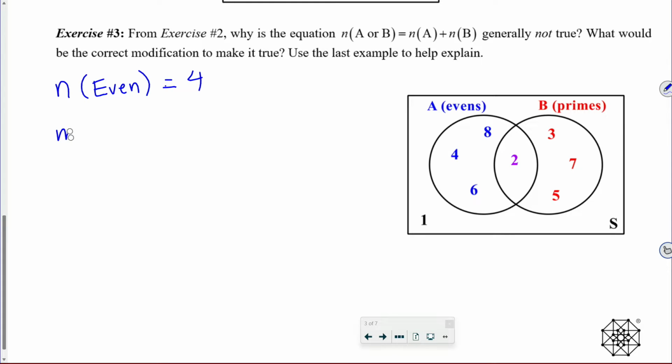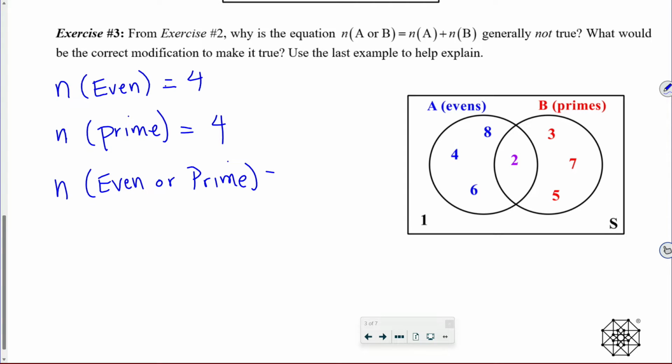The number of elements that lied in the primes, that was also 4. And the number of elements that lied in the even or prime was 1, 2, 3, 4, 5, 6, 7.